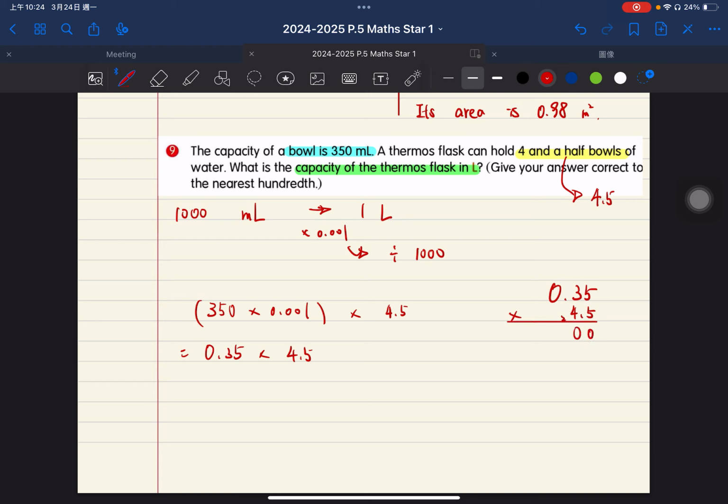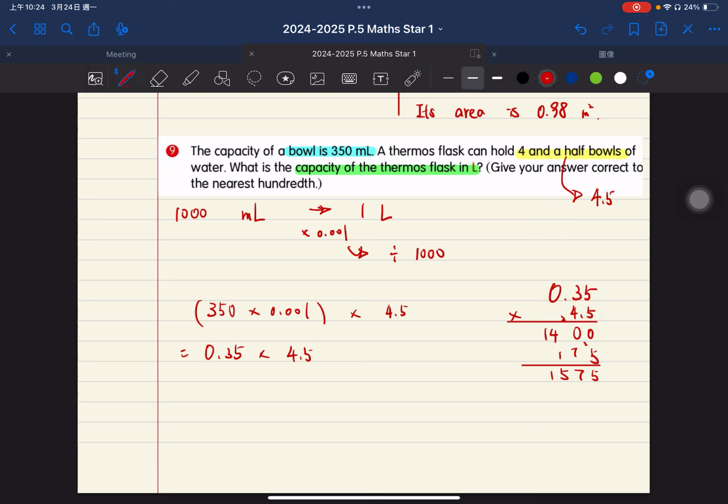4 times 5 is 20, 4 times 3 is 12, 14, 5 times 5 is 25, 5 times 3 is 15, plus 2, 17, so 1575. How many decimal places here? 1, 2, 3.